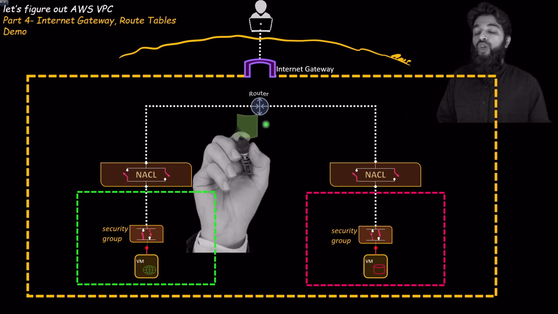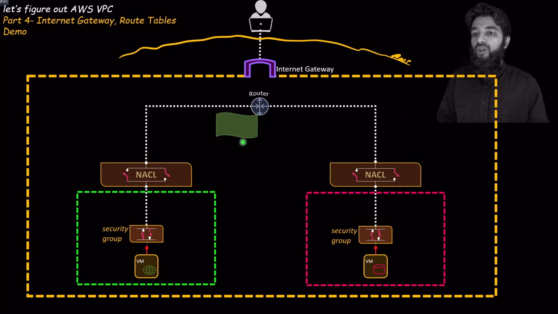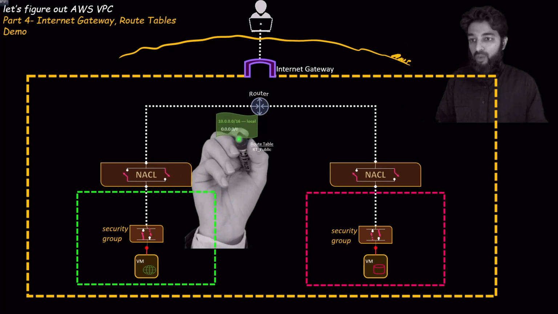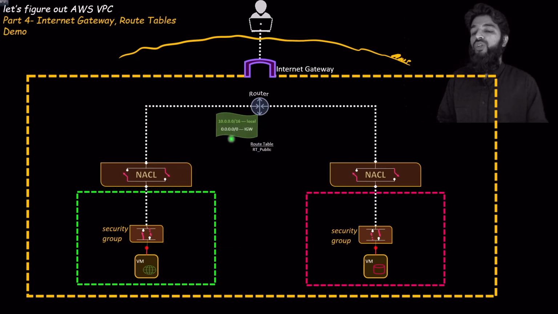Next, you need to create a route table for your router. Once you create a route table, it will always have one default route which tells the router how to handle internal traffic. In this route table, you will create one more route explicitly where you will say any incoming traffic from the outside world, 0.0.0.0, please pick it up from the internet gateway.